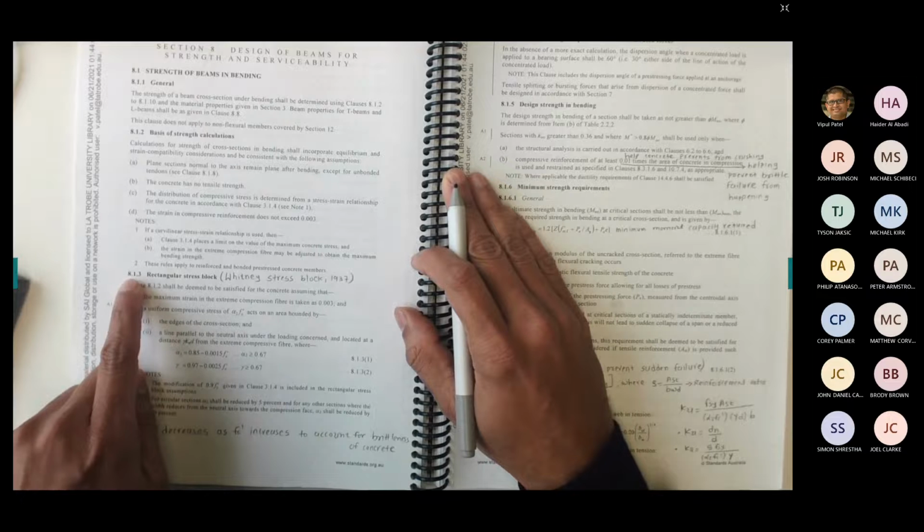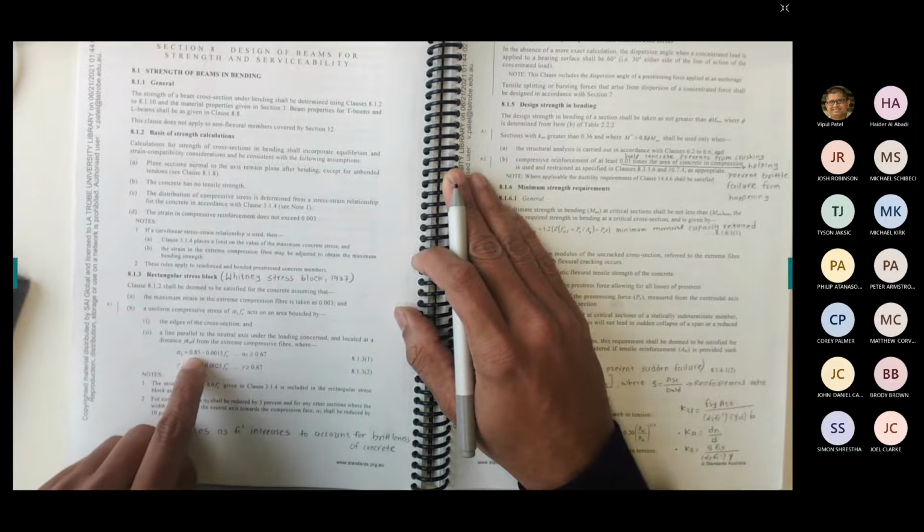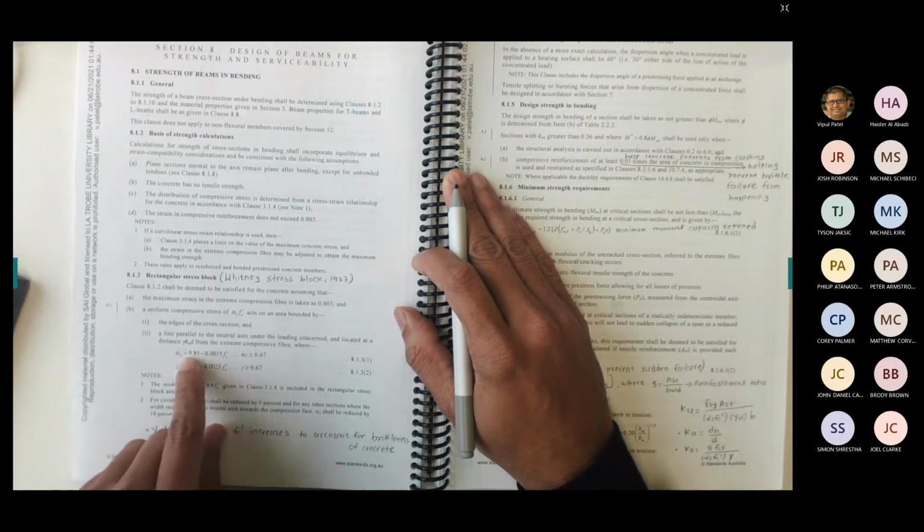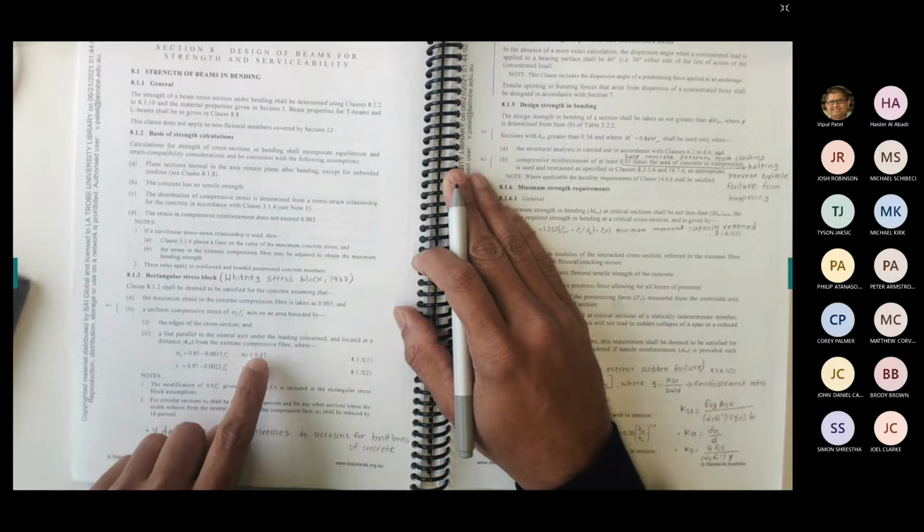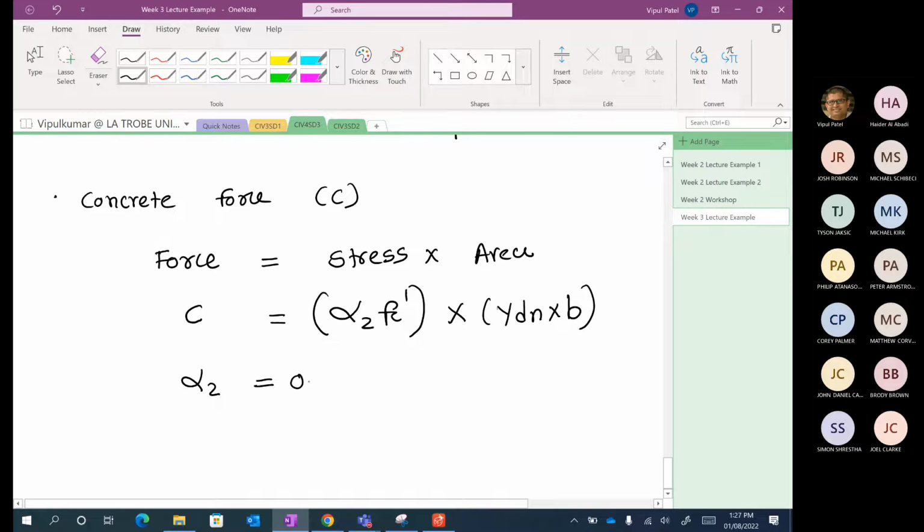Alpha 2 is in clause 8.1.3 and alpha 2 is given here. 0.85, take away 0.0015 f'c, make sure it's greater than 0.67. If it comes less than 0.67, we take it as 0.67. So I'm copying that one. Alpha 2 equals 0.85 take away 0.0015 f'c, make sure alpha 2 is greater than 0.67.